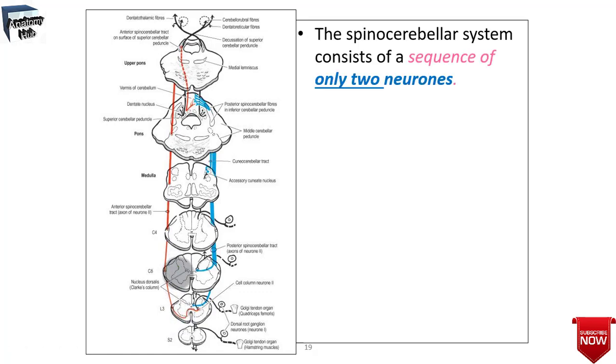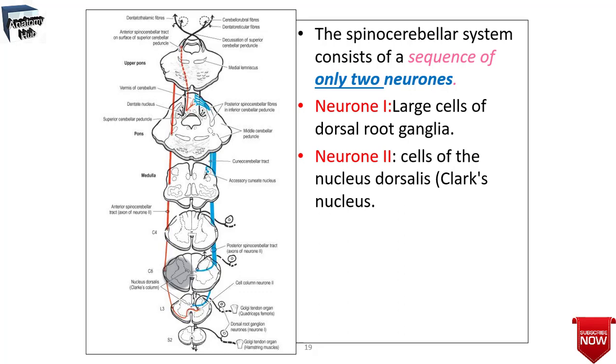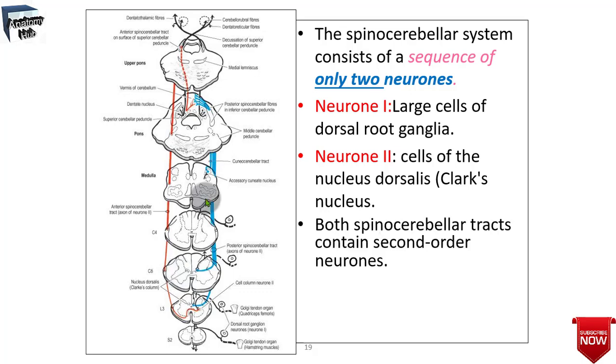the spinocerebellar system consists of a sequence of only two neurons: the first order neuron, which is the large cell of the dorsal root ganglia, and the second order neuron, which is the cells of the nucleus dorsalis or Clark's nucleus. So both spinocerebellar tracts contain the second order neuron.